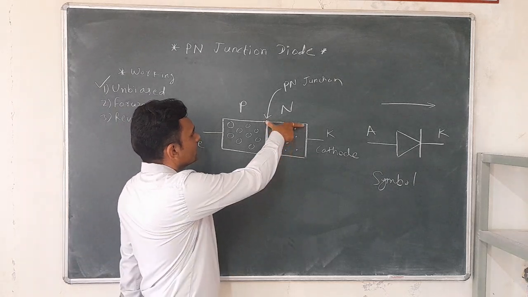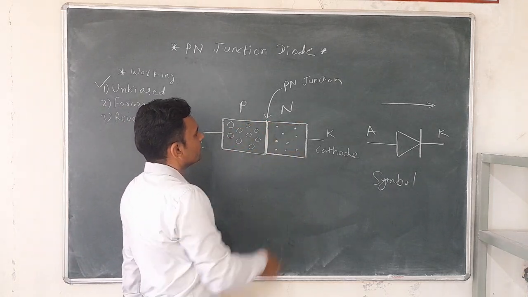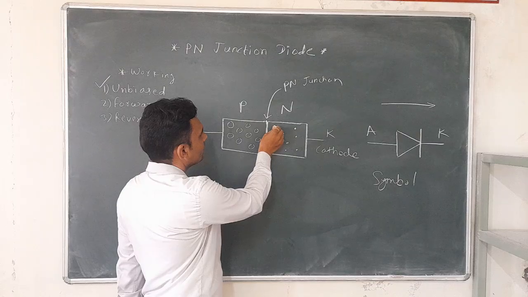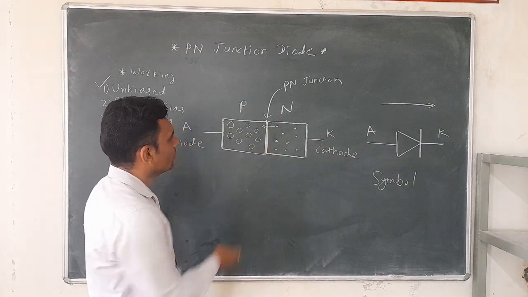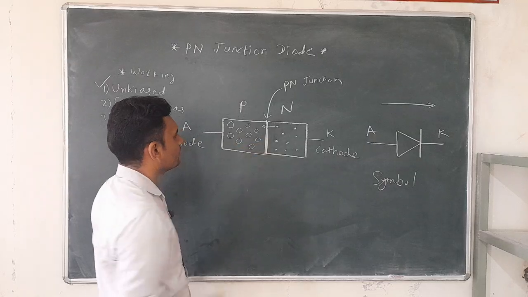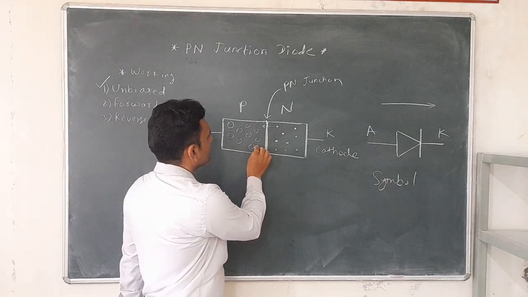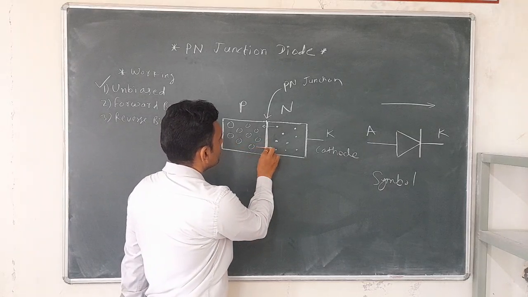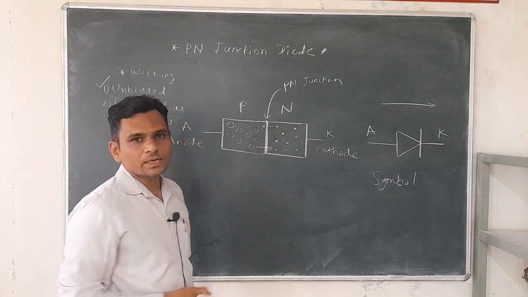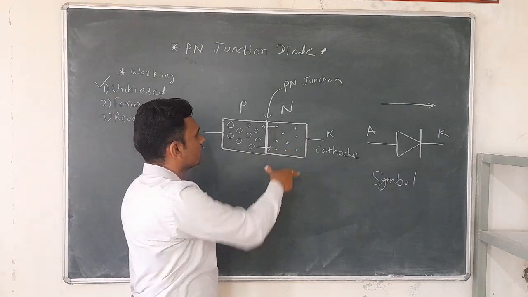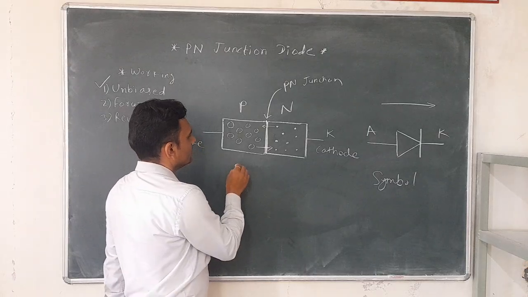Therefore, as soon as the p layer is connected to the n layer, electrons move to the low concentration region, towards the p layer. Similarly, holes move to the low concentration region, towards the n layer.